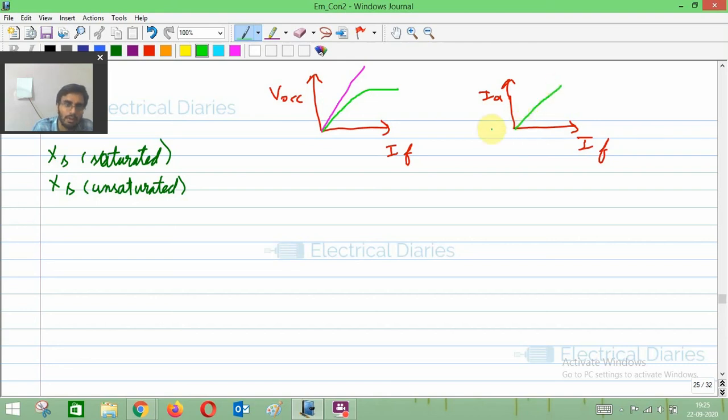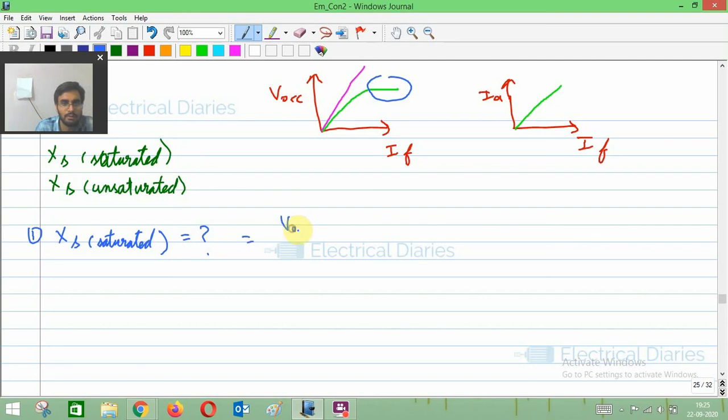Now look carefully. First you will calculate your excess saturated. For excess saturated, you will see the saturation region. In this figure the saturation region is this, and in this figure IA is directly proportional to IF. So your excess saturated will be given by what?